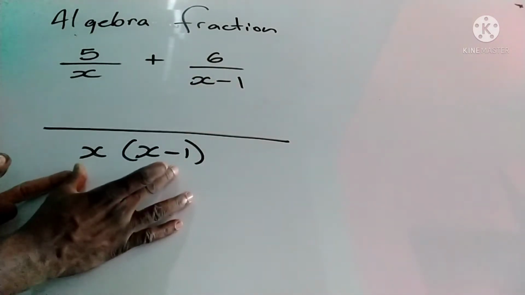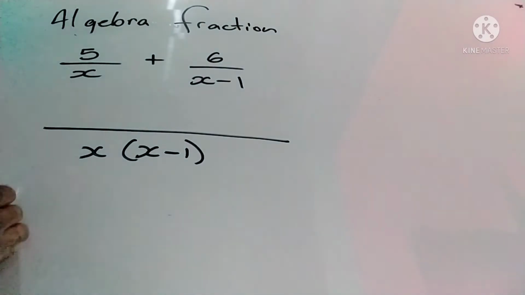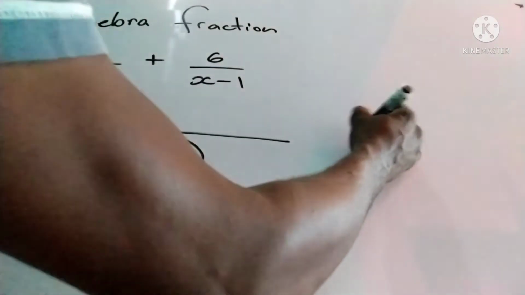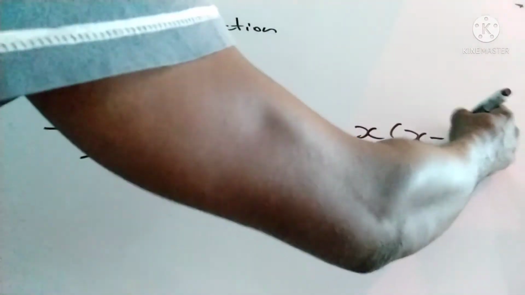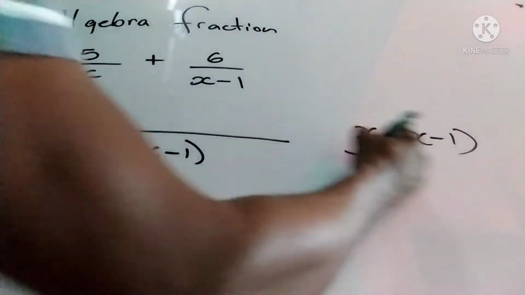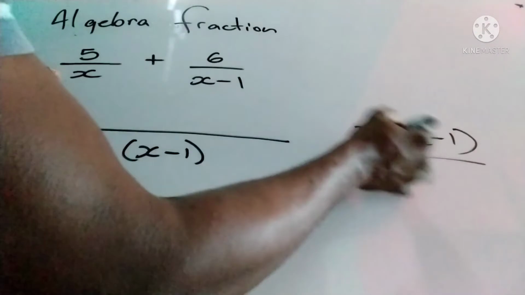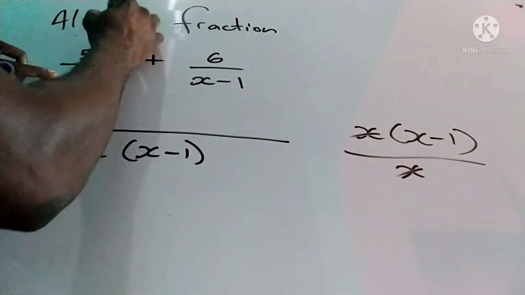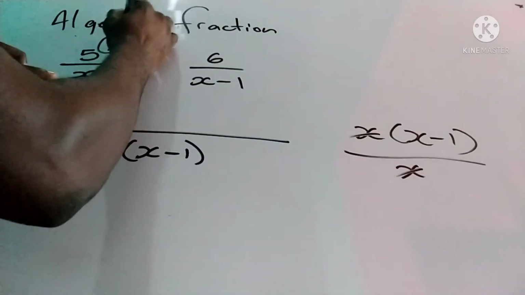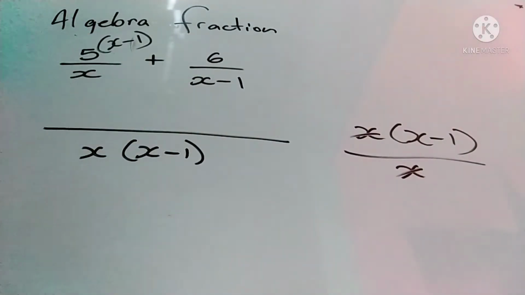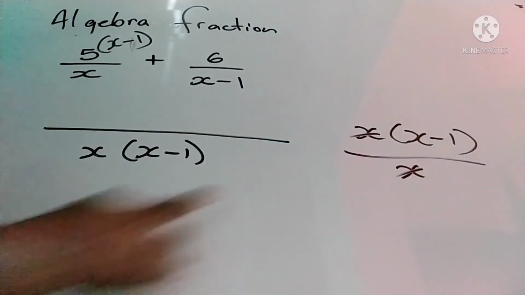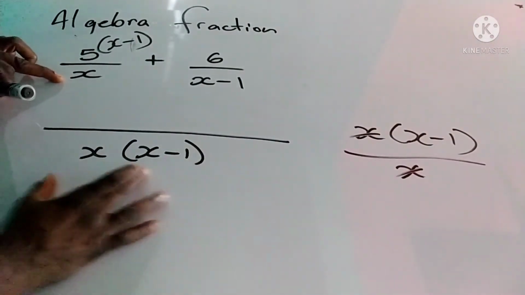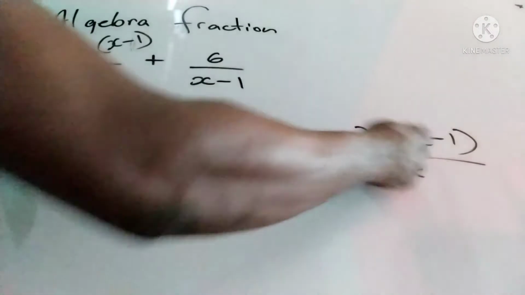You could see now where we're saying x into x, because we have an x minus 1. If we divide x into it, you'll see that the x cancels itself. So the 5 is going to multiply by the x minus 1, as you could see, x into the denominator, the LCM here, x minus 1.